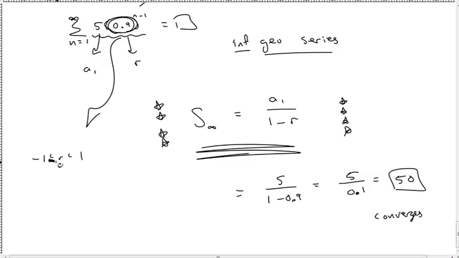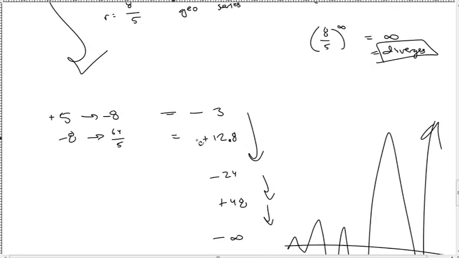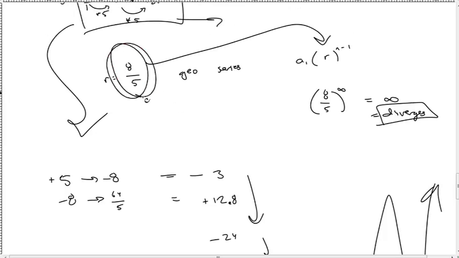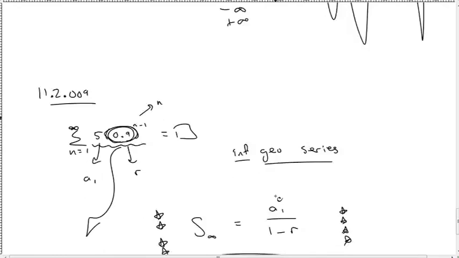That is definitely going to be a question for later as we go through the rest of this chapter. But for now, you're looking for numbers between -1 and 1. Those are going to converge to a single number, just like you have right there. If you have something outside of that, like on the last problem, notice that my 8/5 is more than 1, and so it's going to diverge. Just automatically, you don't even have to worry about it: diverge, done, next question.